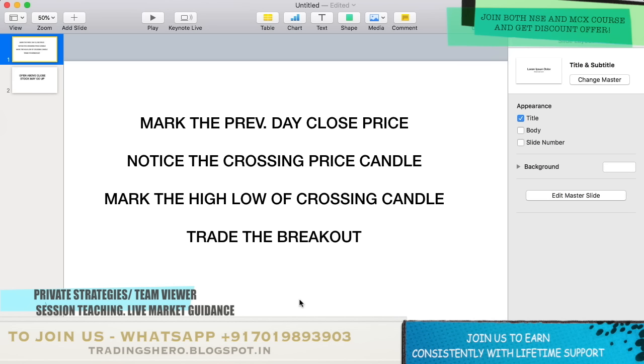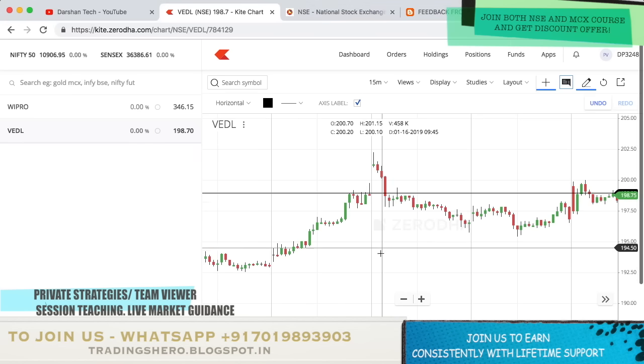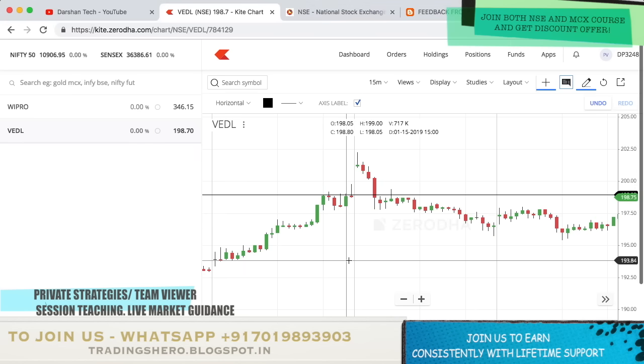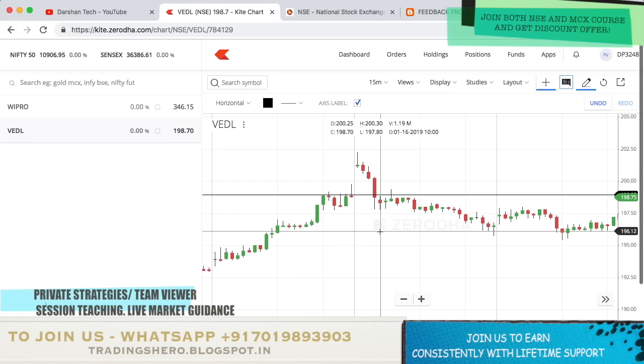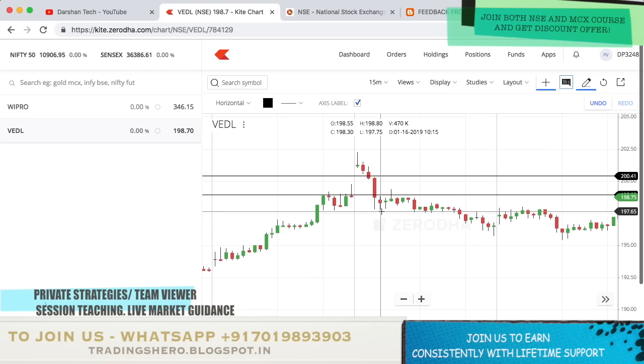Then we notice the crossing candle, and now we mark the crossing candle's high and low. As you can see, the high is 198.90 and the low is 197.80.